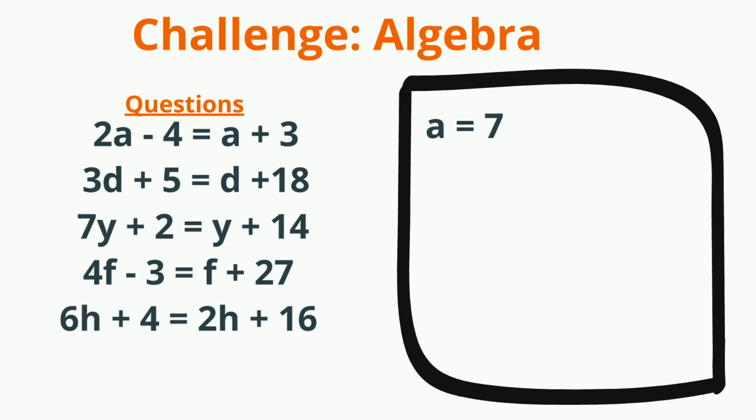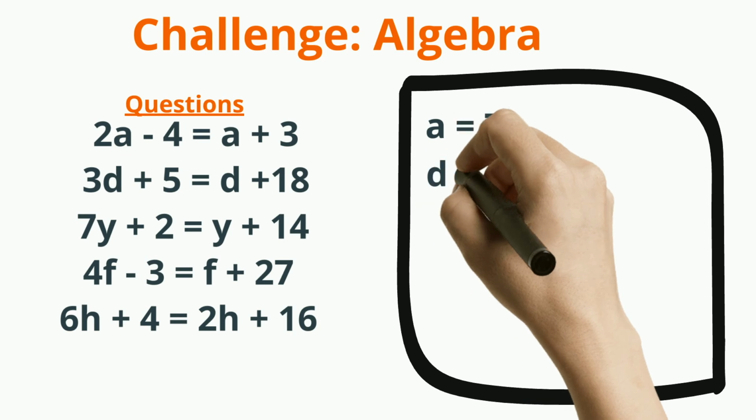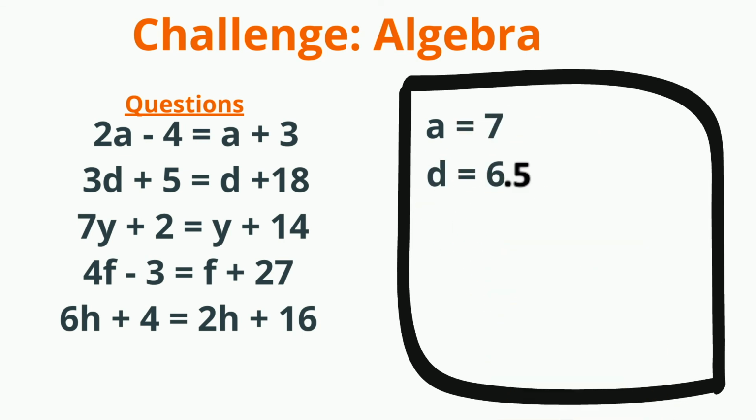This gives us a new equation, which is 3d minus d equals 18 minus 5. When we simplify this, this gives us 2d equals 13. Now, not the easiest number to divide into, but 13 divided by 2 gives us 6.5. So our answer is d equals 6.5.